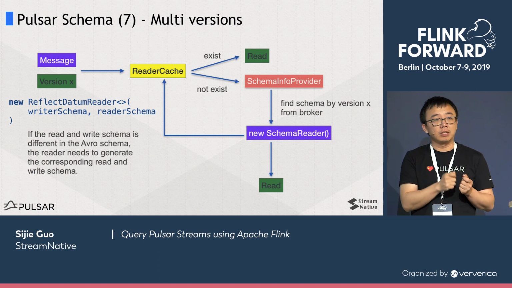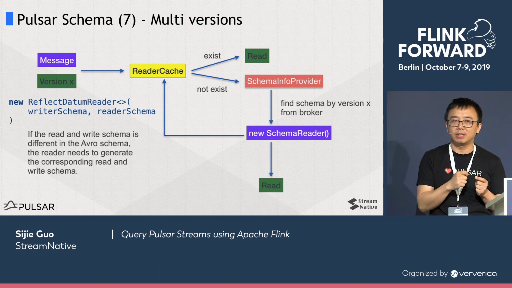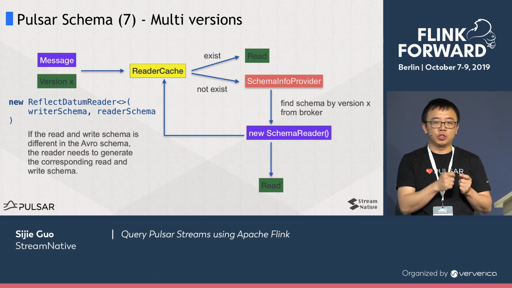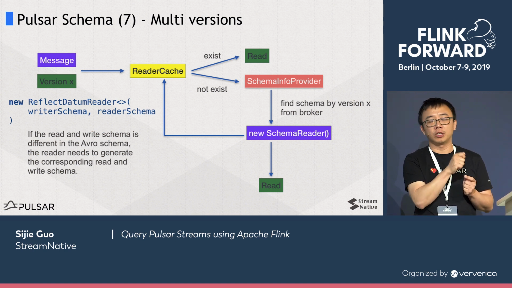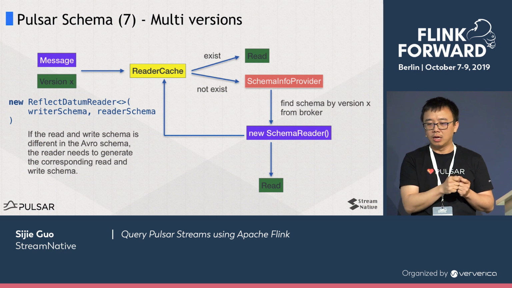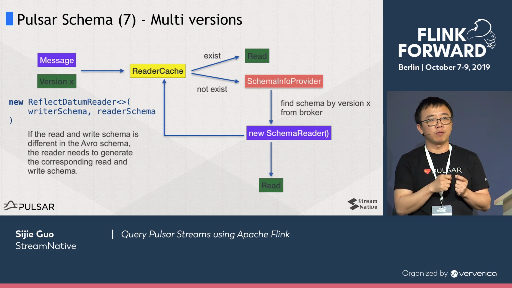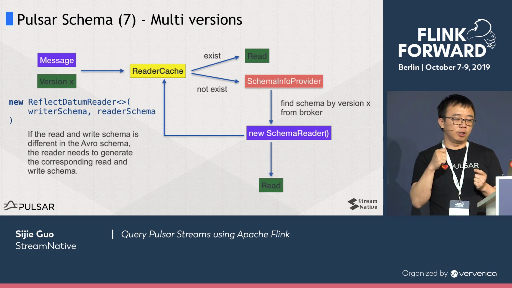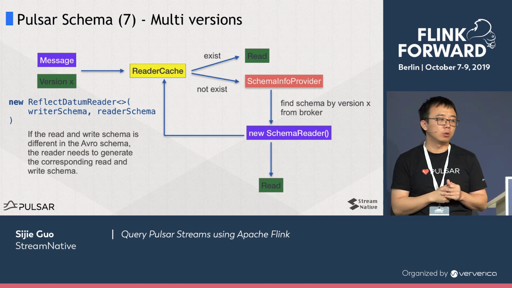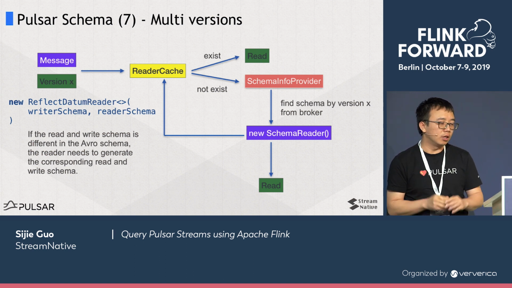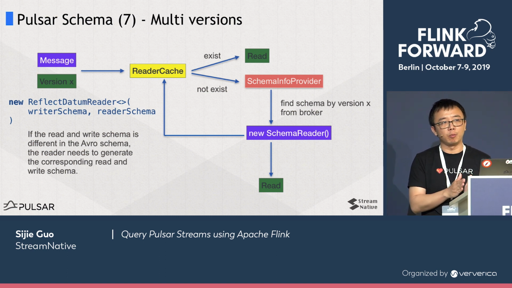When you receive a message, you deserialize the metadata from the message and get the schema version associated with it. It then tries to fetch the corresponding schema information from the broker, and uses the right schema to deserialize the data back into the struct. In that way, Pulsar keeps all the schema information.